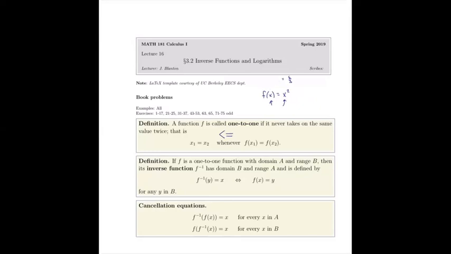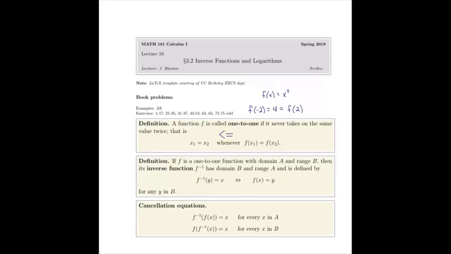However, this function f of x equals x squared is not one-to-one. And the reason we know this is we can look at something like f of -2 is equal to 4, right? -2 squared is 4. But that's also the same value that we get out of the function if we plug in 2. So now we have f of -2, or f of x1, equals f of x2, or f of 2.